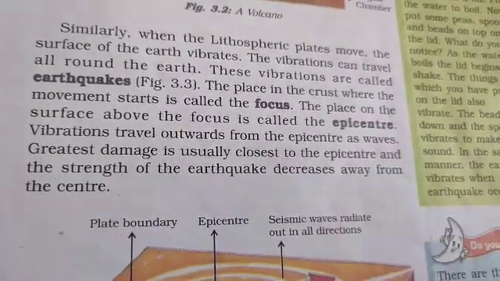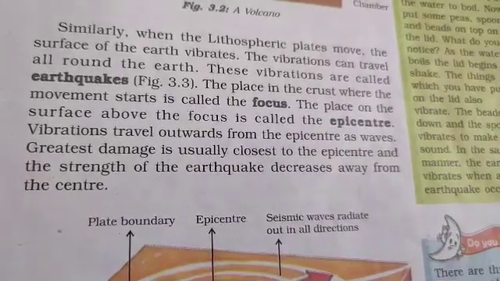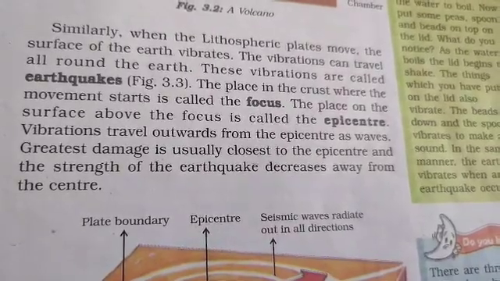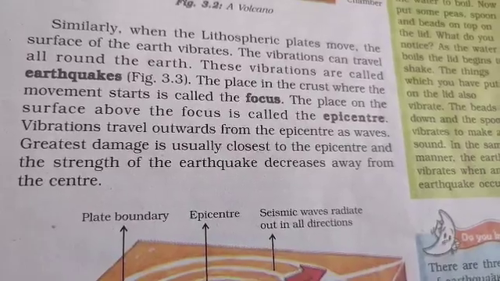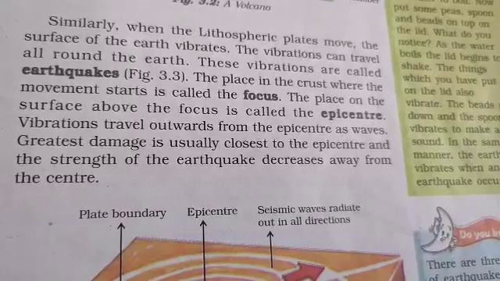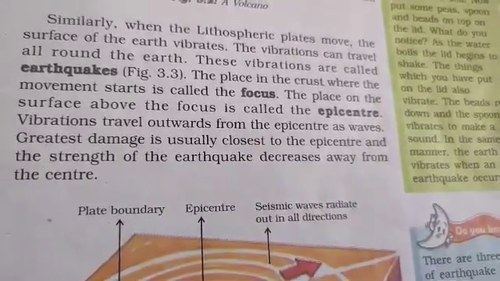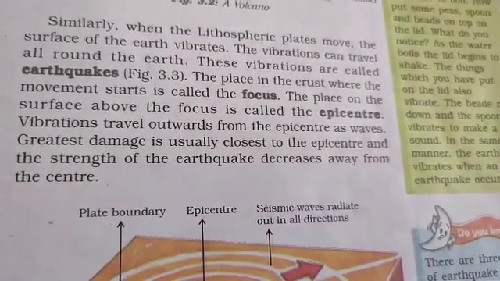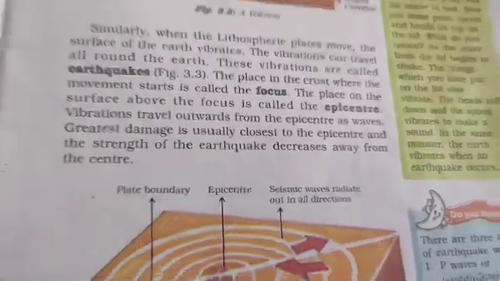The greatest damage due to an earthquake will be closer to the epicenter, and as the waves become bigger and bigger and cover a large area, the strength of the earthquake decreases and the damage will also be lesser than at the center point of that earthquake.